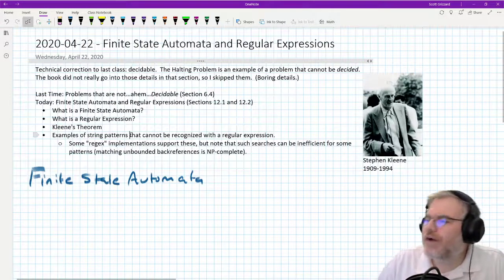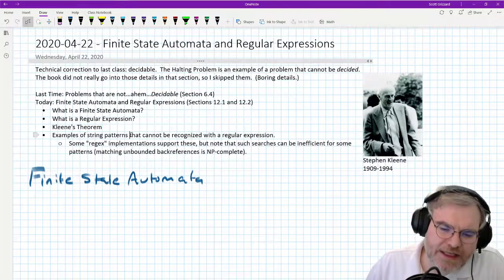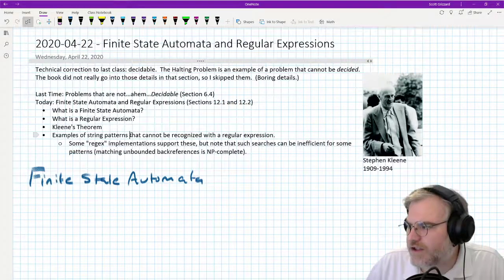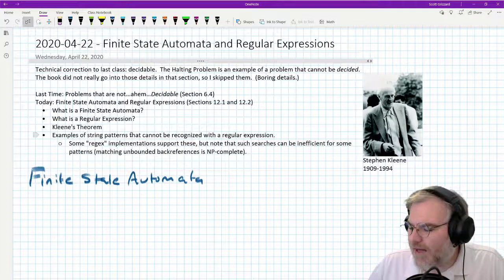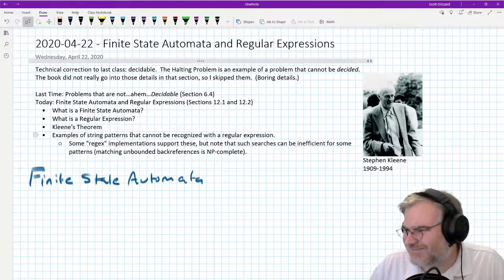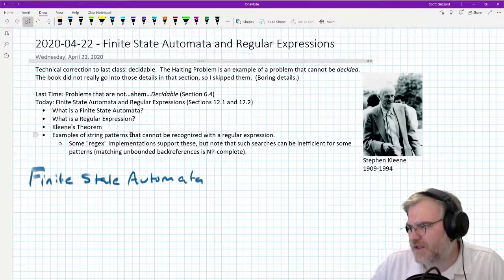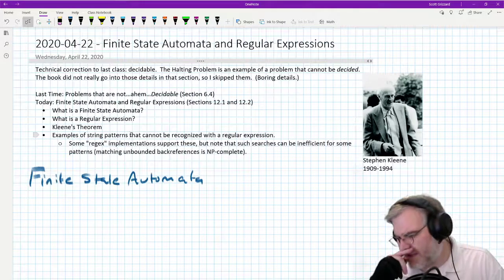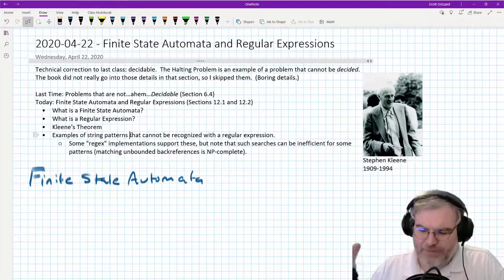Okay, so today we're going to talk about finite state automata and regular expressions. Your book introduces regular expressions first in 12.1 and then talks about finite state automata in 12.2. I asked you to look up regular expressions on your own, and I'm going to talk about finite state automata. And the easiest way to talk about it is with an example.